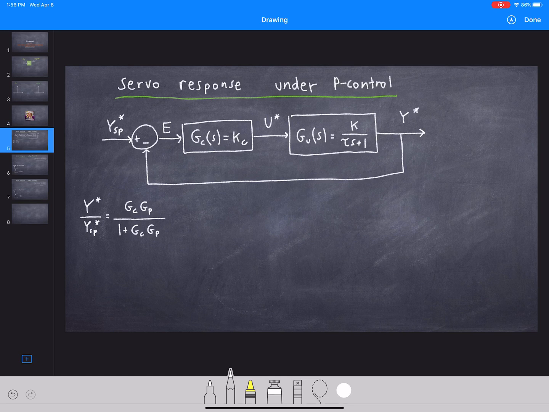So let's look at the servo response under P control. And so we're not even thinking about a disturbance here. So there's no disturbance transfer function block. So the only input is this. So this is our input set point, and then we're looking at the output here. This is our controlled variable.